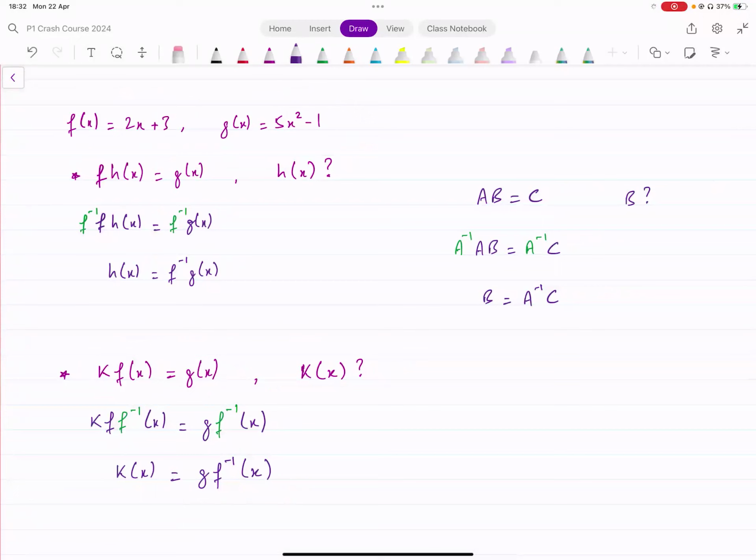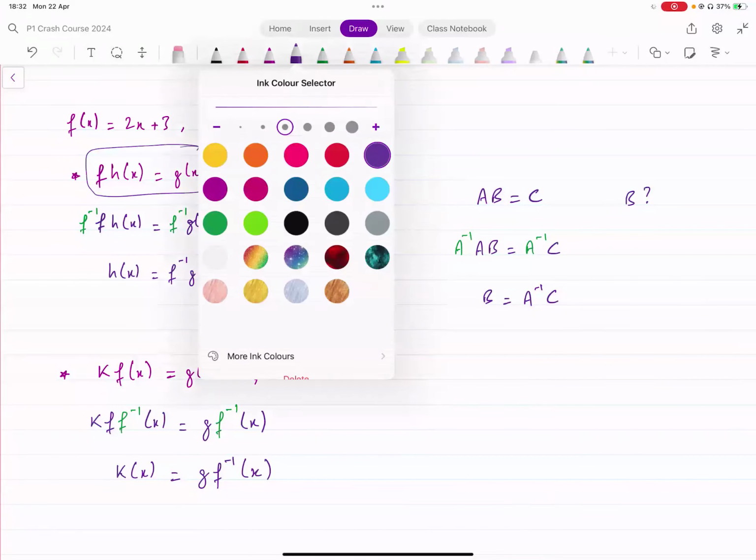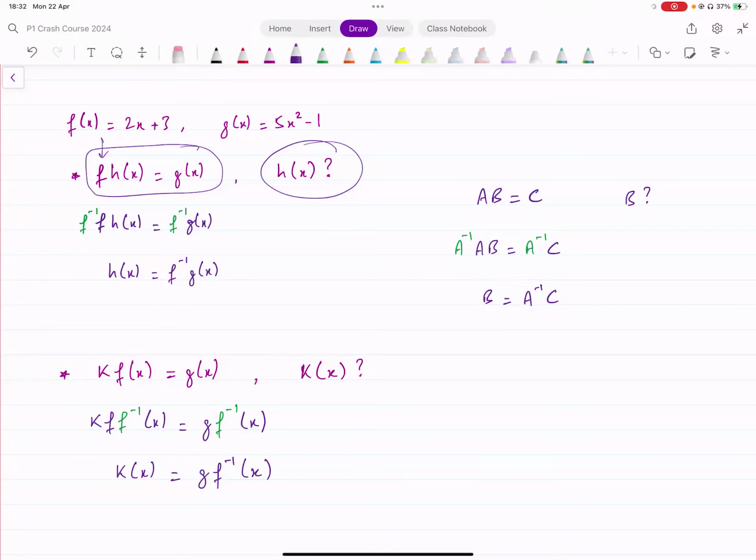So basically, if you have something like this, f(h) of x equals g of x, and you want to find h of x, the idea is to get rid of f from here somehow. How do you get rid of f? You get rid of f by applying f inverse in the beginning on both sides. When you do that, f inverse and f cancel each other out, and you're just left with h of x, and h of x therefore equals f inverse of g of x.